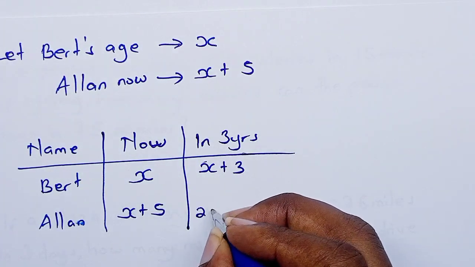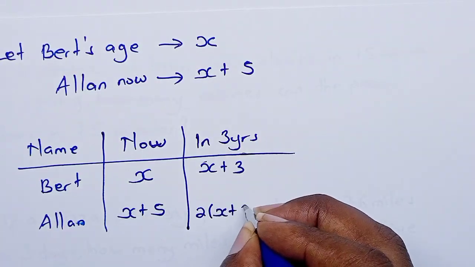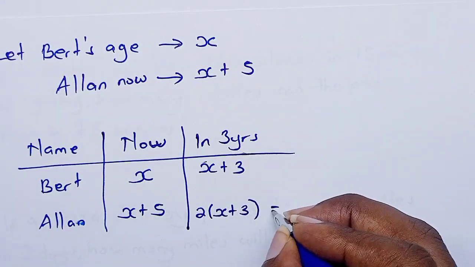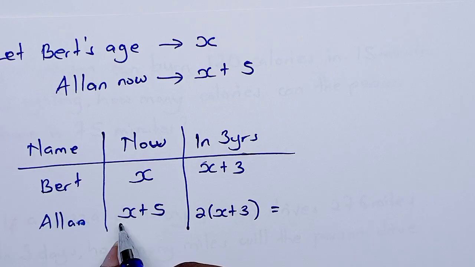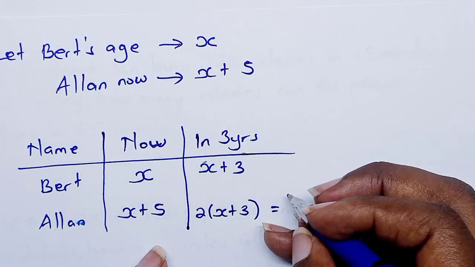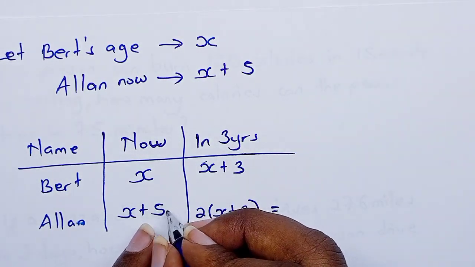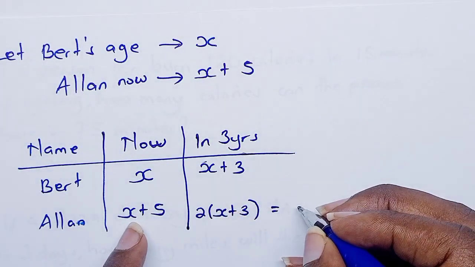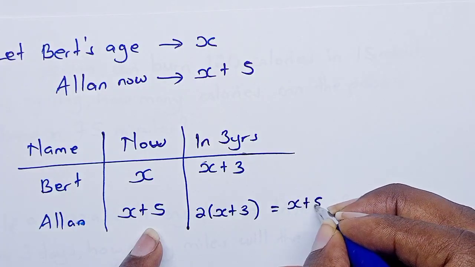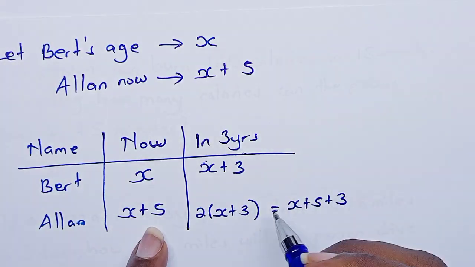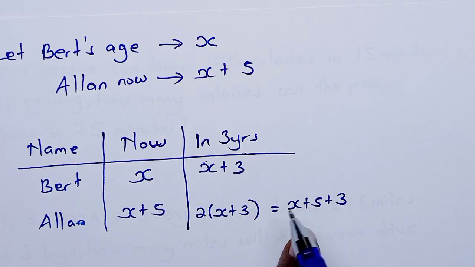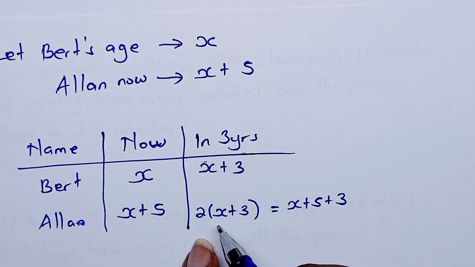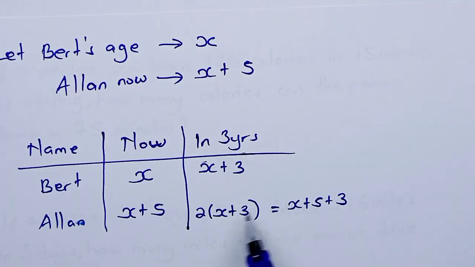So Alan will be 2 times x plus 3, which is also equal to, since his age now is x plus 5, in 3 years if you add 3 to this, it will be x plus 5 plus 3. So his age in 3 years is the same as twice Bart's age in 3 years. Okay? So we have got this equation which we can solve.